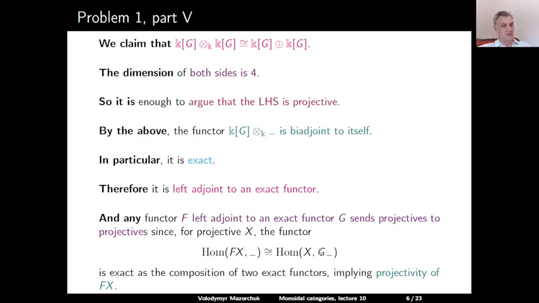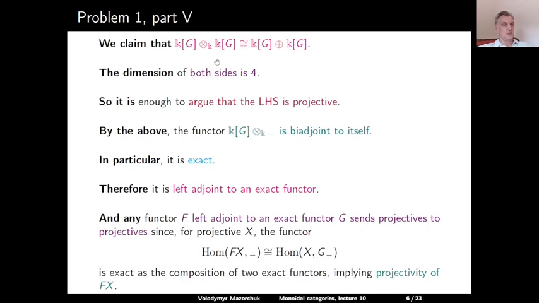But G is an exact functor and X is a projective object, so Hom from X is an exact functor as well. This means that the right-hand side is an exact functor, which means that the left-hand side is an exact functor, because this is an isomorphism of functors. But this means that F(X) must be a projective object.